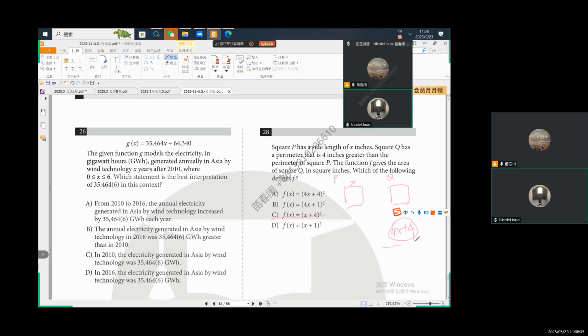You have to divide by 4, which is x plus 1, and then you square, which is this one, right? Also you have to fill in, let's say this is A, you find A is x plus 1. You have to draw it and fill in what you know, label everything, right? Okay.